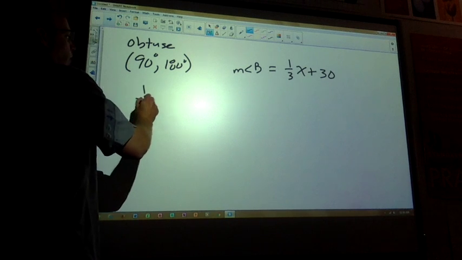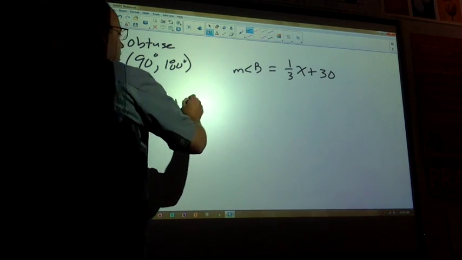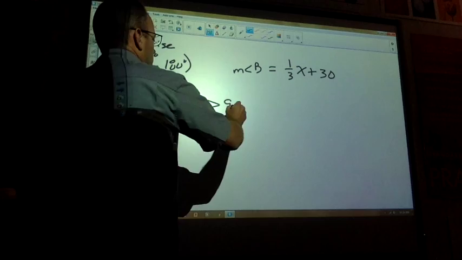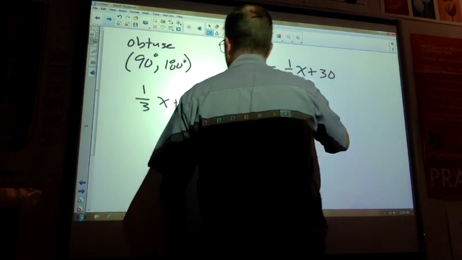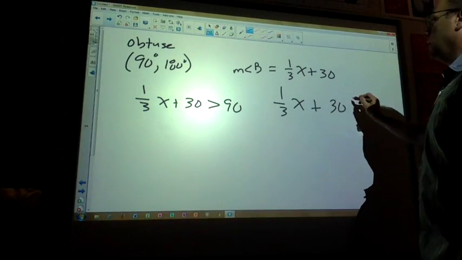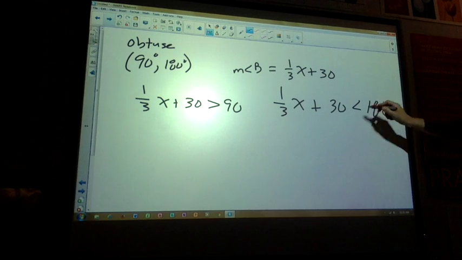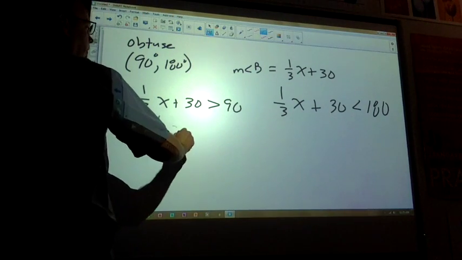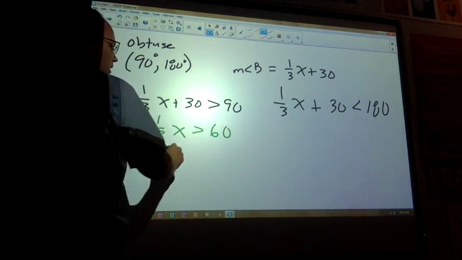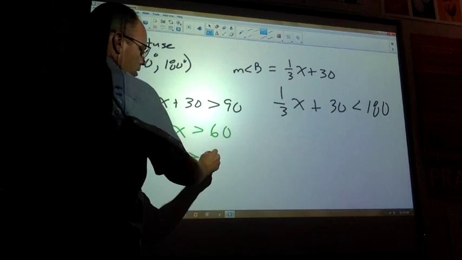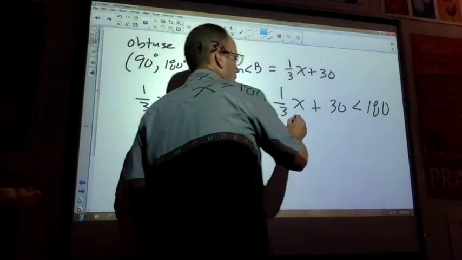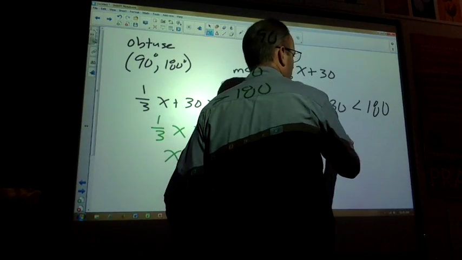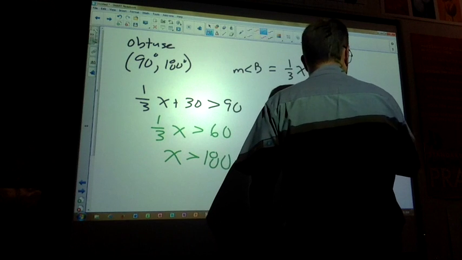So I could go 1/3 x plus 30 is greater than 90, and I could go 1/3 x plus 30 is less than 180. Seem okay so far? Let's change colors. Black's boring. 1/3 x is greater than 60. X is greater than 180. 1/3 x is less than 150.